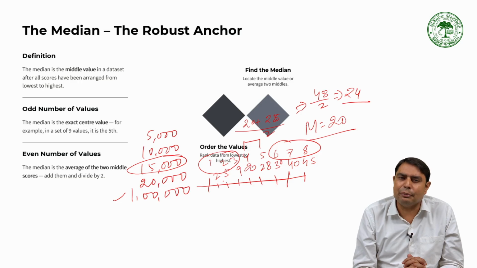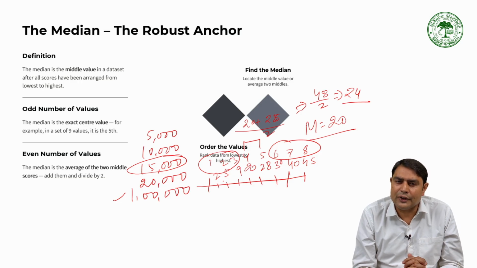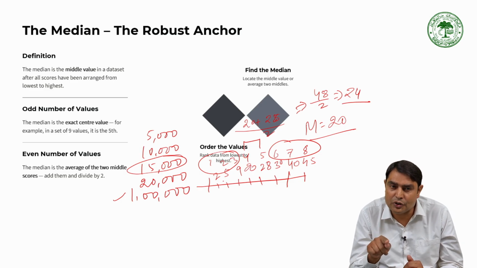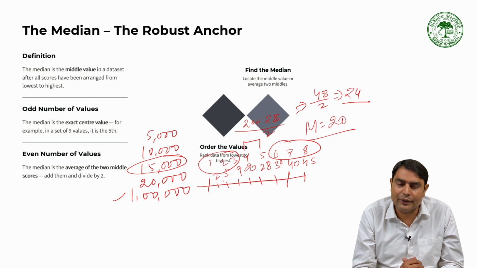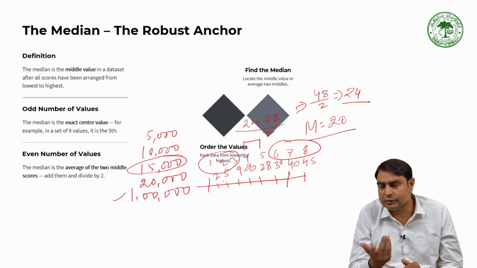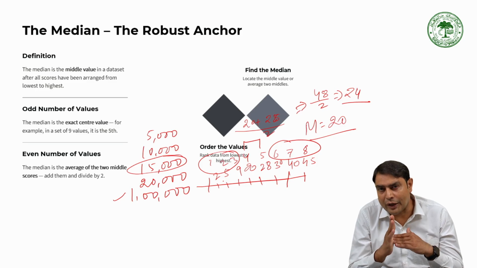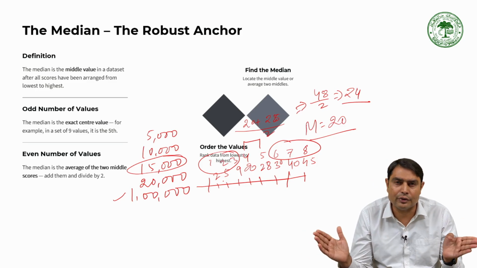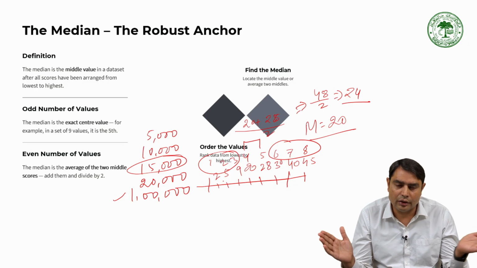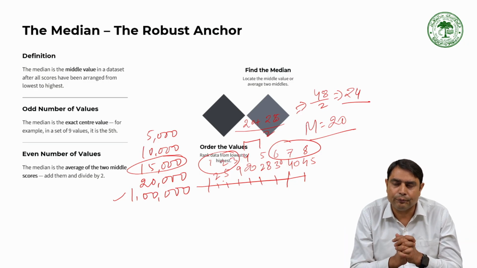So, to find the median, first arrange the data, identify the central position, and then find the middle values. Odd number, simple: the value which is exactly at the middle, half of the values above, half on the lower side, position wise.